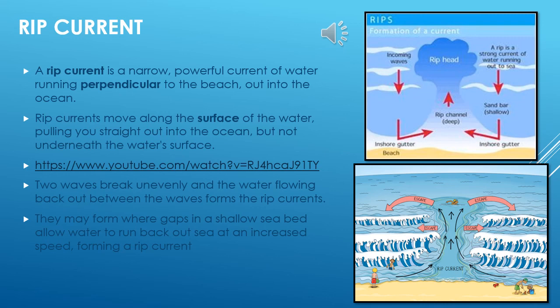In the top diagram, you've got your waves coming in over nice shallow water, but then they're being sucked out in this area of deeper water, the rip channel. So they are quite dangerous, but in the rip channel you're going to have a lot more erosion happening than elsewhere on the beach.